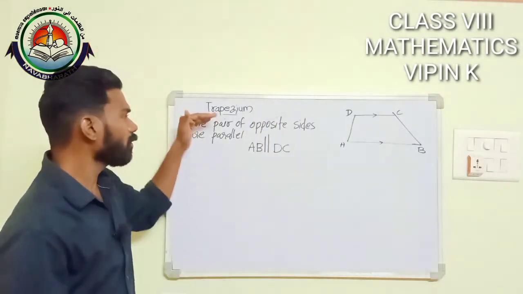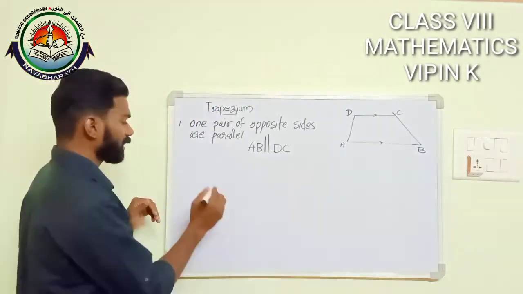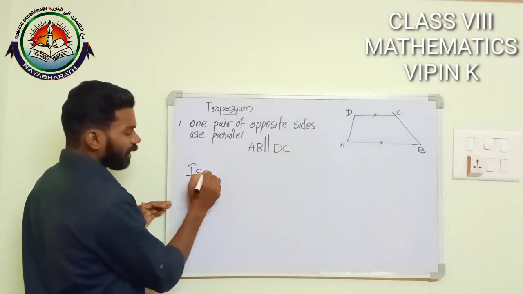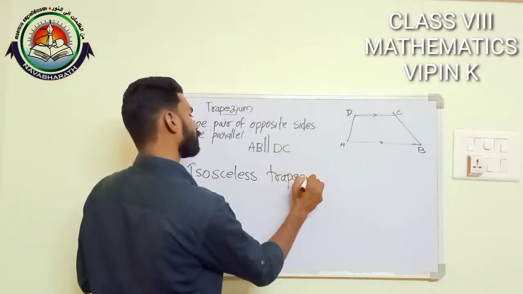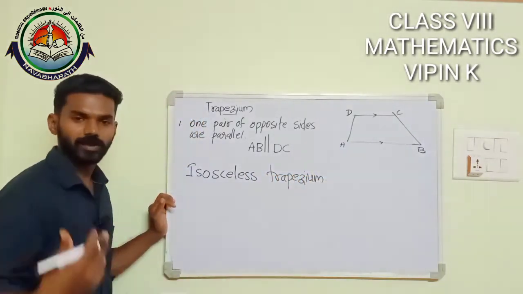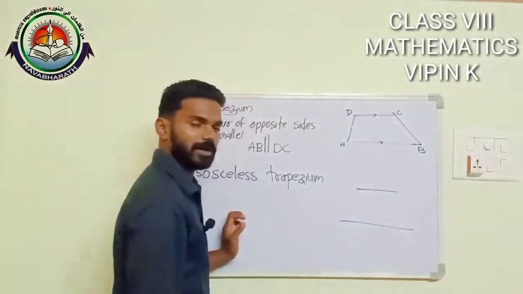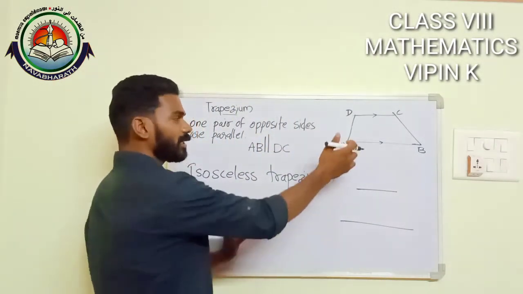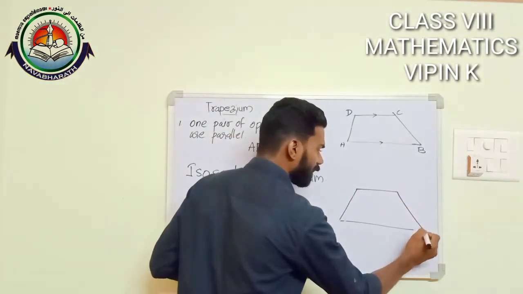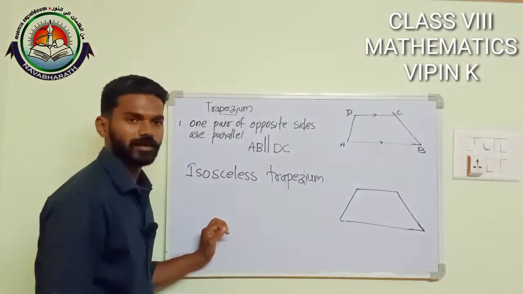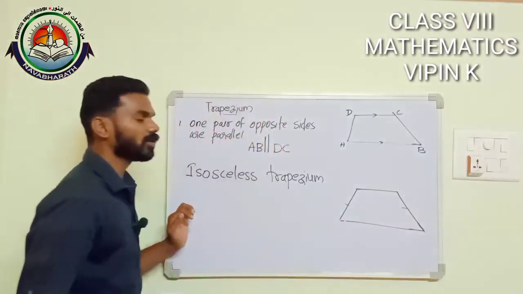Clear? Now, on the same quadrilateral type trapezium, there is another special type called isosceles trapezium. In an isosceles trapezium also, one pair of opposite sides would be parallel. And in addition to that property, there is another property: the non-parallel sides are equal in length.